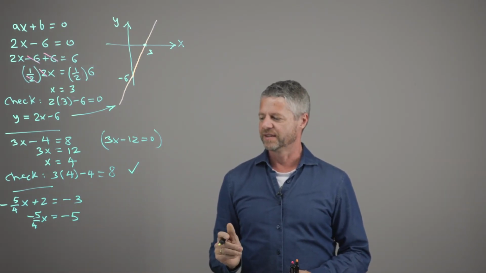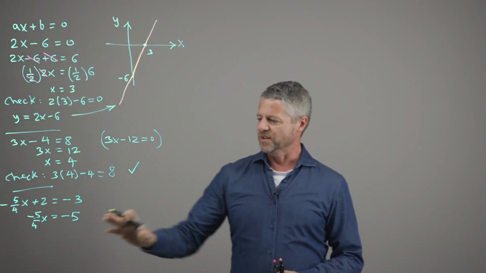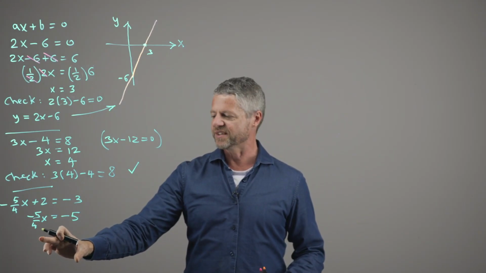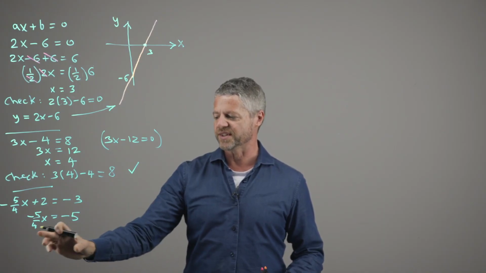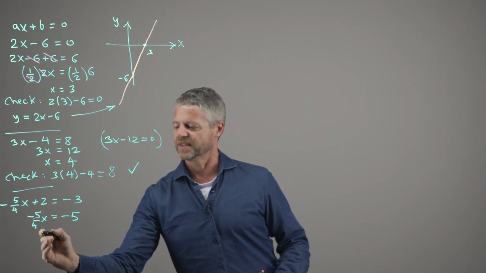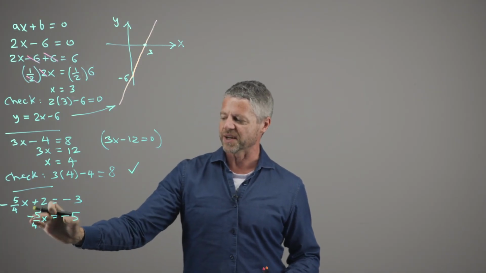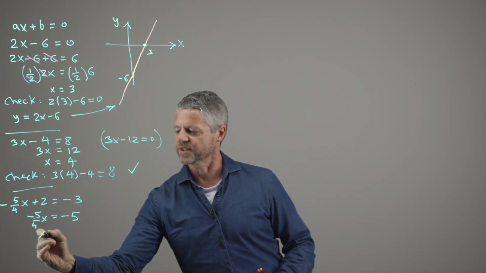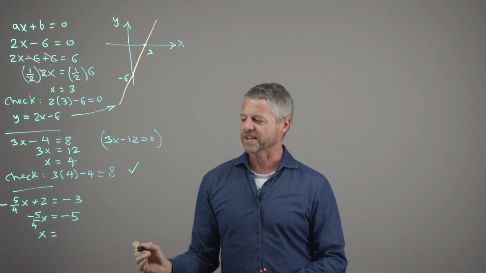So next, I need to isolate the x on the left-hand side by multiplying both sides of this equation by minus 4 over 5. So the minus 4 over 5 times minus 5 over 4 would become 1. So I've just got 1 times x on the left-hand side.